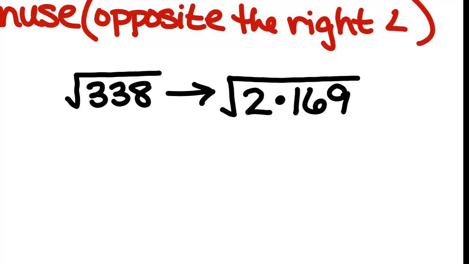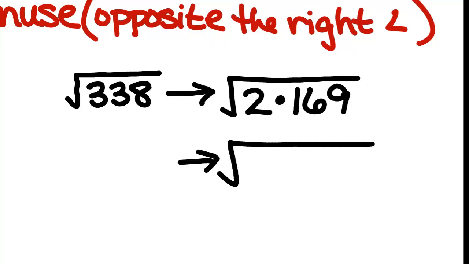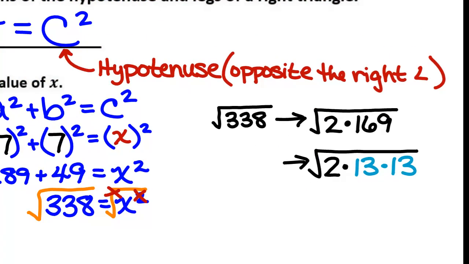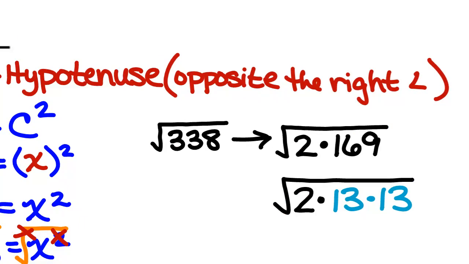No, 2 won't go in because it's not even. What was that prime number that you told us a minute ago? Absolutely, 13 times 13 is 169. So we could do 2 times 13 times 13. That's exactly the same as 338.